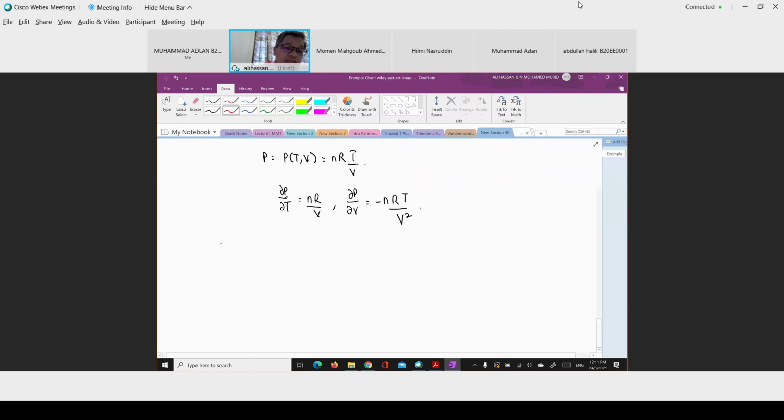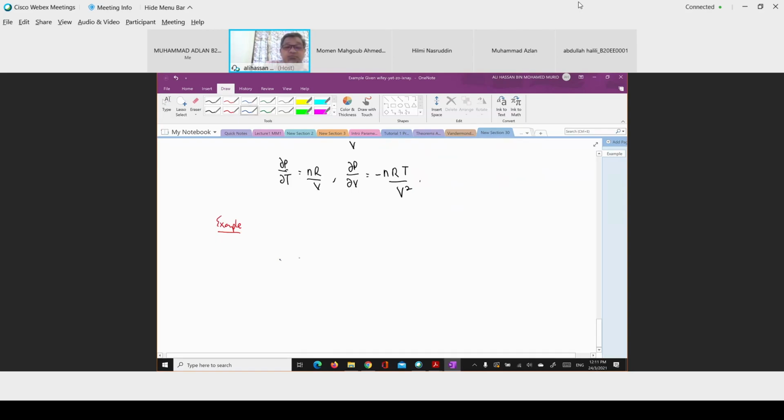In another example, we have this temperature problem. Suppose we have a rectangular metal bar of length 120, with x running from 0 up to 120.